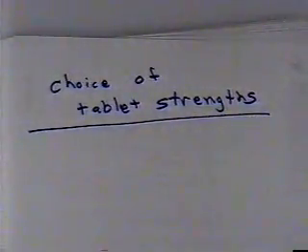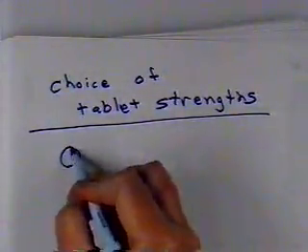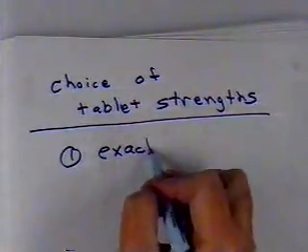Sometimes you might go to the pharmacy and they say we have 500 milligram tablets, or we have 100 milligram tablets. On the choice of tablet strengths, the first thing you look for, the most important thing, is an exact amount.